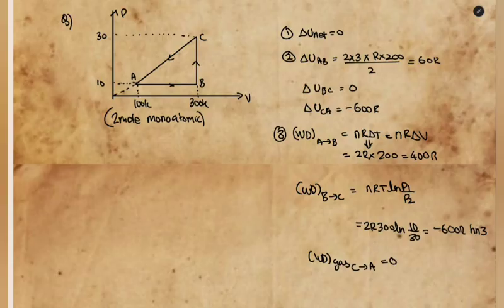And what about U for C to A, the internal energy from C to A? When volume is constant, you get basically this area. Just find the area, do it, and you can find A to B also as just this area. It's not a big deal.